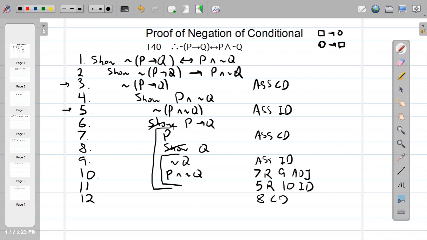Okay, so on line 6, I've shown if p then q. Why was I trying to do that? Oh yeah, I was trying to generate a contradiction with line 3. So what I've done here, I can say 3 repeat 6 ID, and now I've shown this thing.